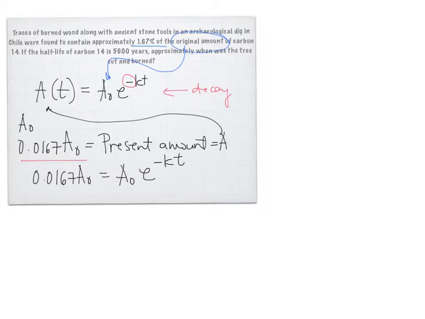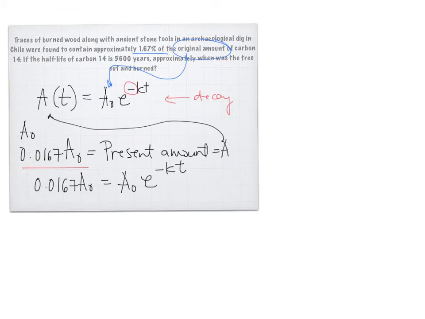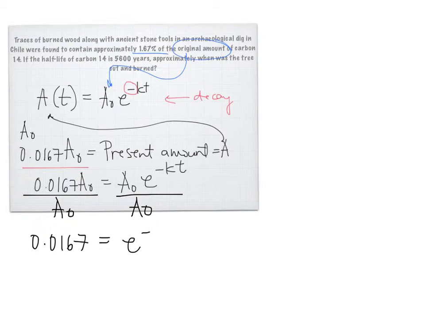Now if I divide the right side by A sub 0, then this becomes 0.0167 equals e to the negative kt.